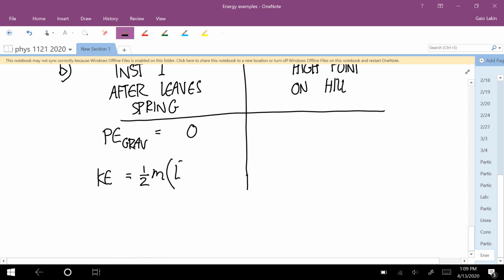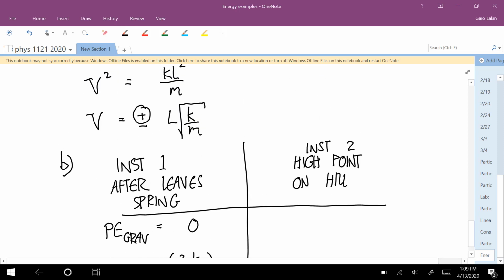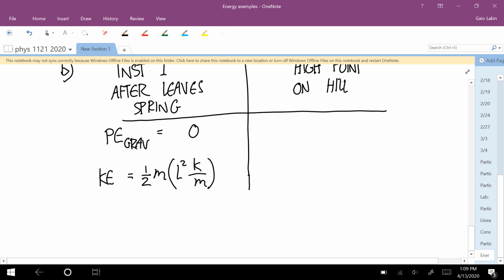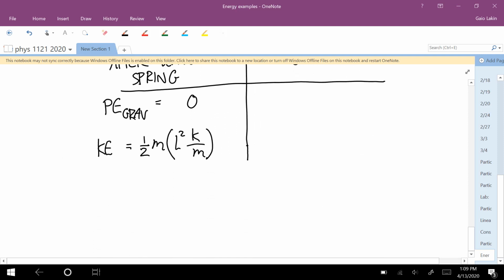So that's L squared times K over M. And the M's cancel, and you get a kinetic energy of KL squared over 2. That's the kinetic energy.